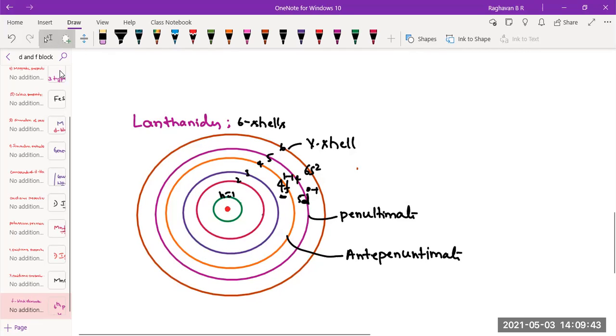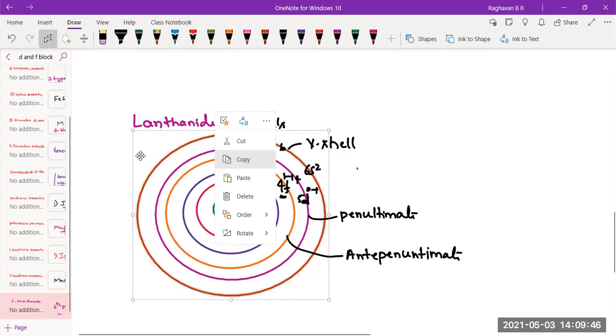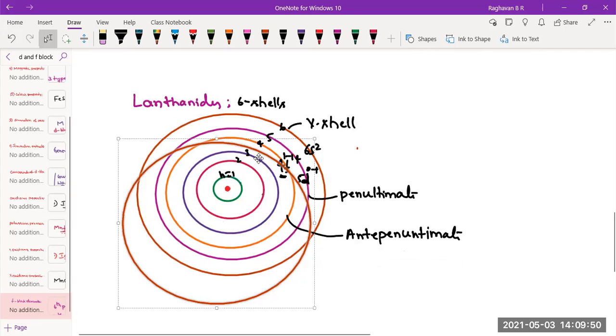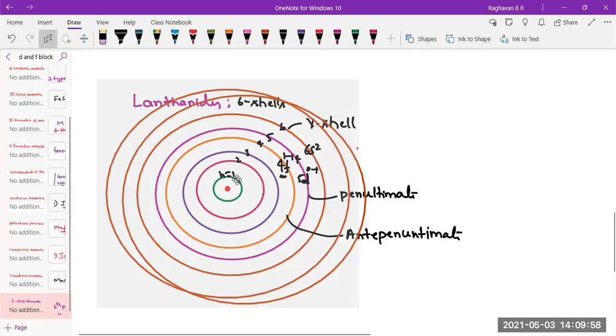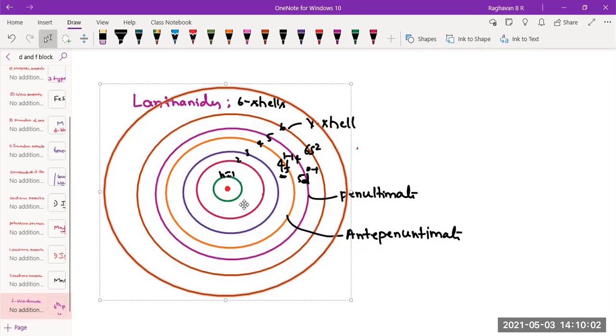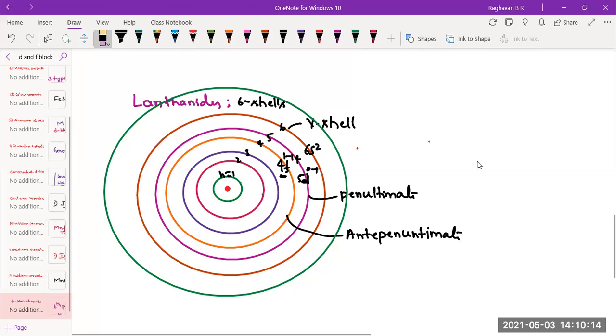In actinides, there are 7 shells. In this case, the 7th shell is the valence shell, and you have the sixth shell as penultimate. And here the antipenultimate will be 5.